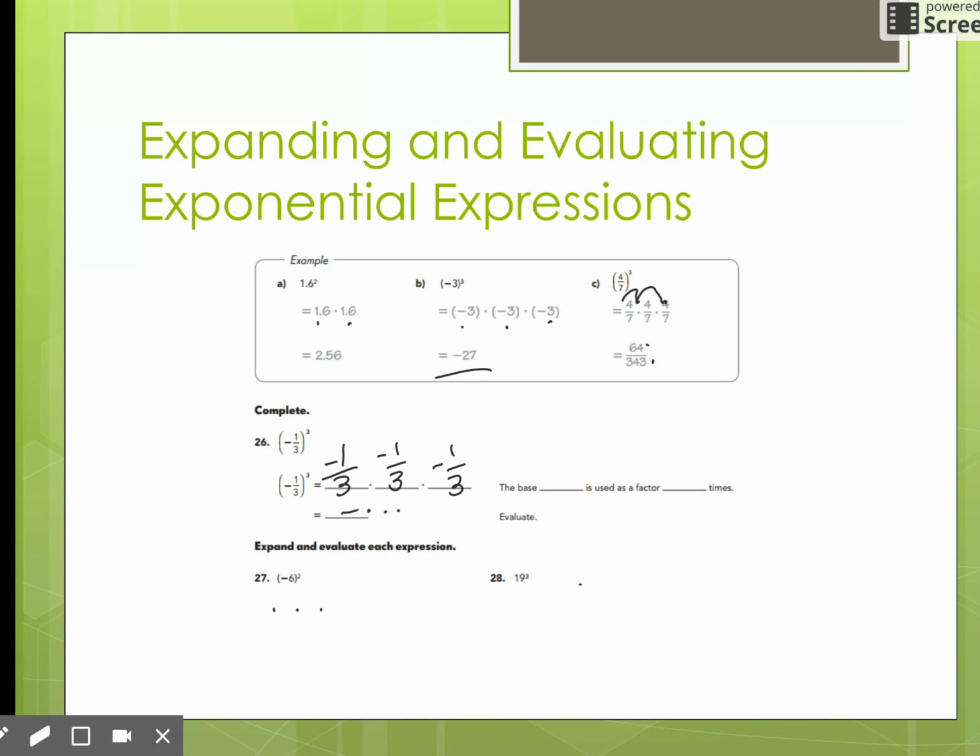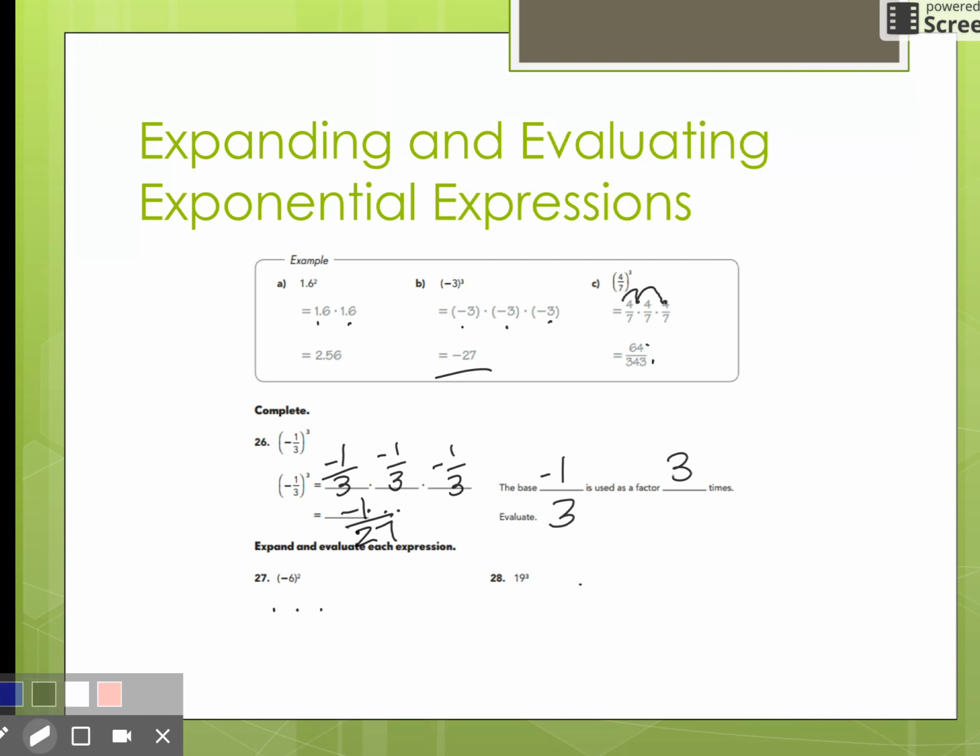So my numerator and my answer is -1. And then 3 times 3 is 9, times 3 is 27. So my answer is -1/27. Again, the base is -1/3, is used as a factor 3 times.